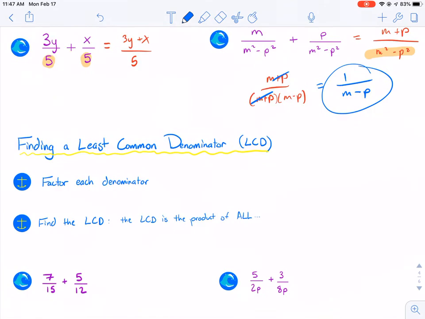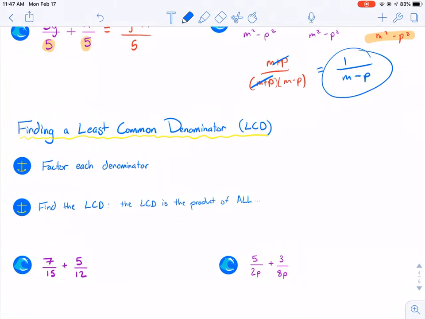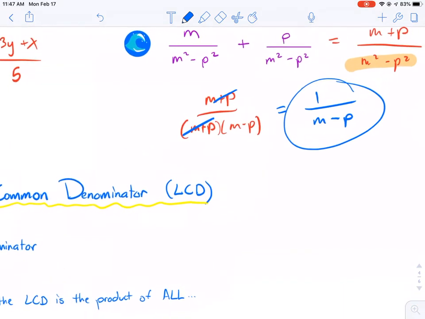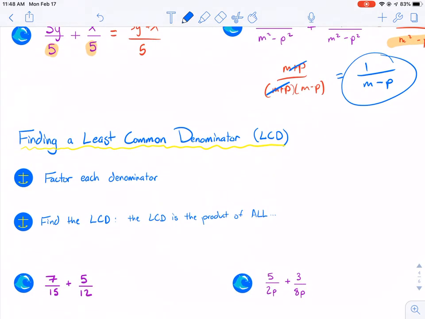Okay. Next up, we have the tough part, which is finding a least common denominator. So the first thing we're going to do is factor each denominator, like I showed you above right here. We factored that denominator. And then we're going to find the least common denominator.